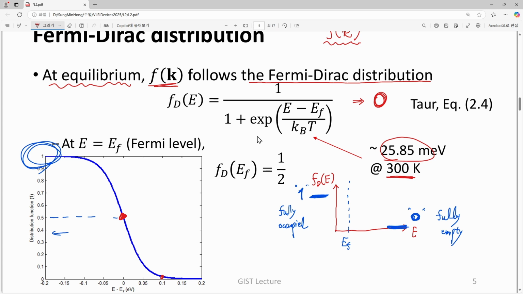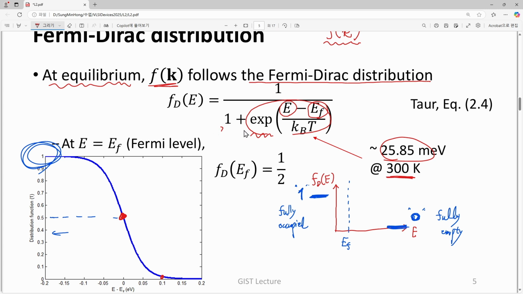And since this is exponential and exponential is rapidly growing, if our energy is a little bit higher than EF, then it will dominate. So comparison between this factor of 1 or number 1 and this exponent function, which one is dominant?